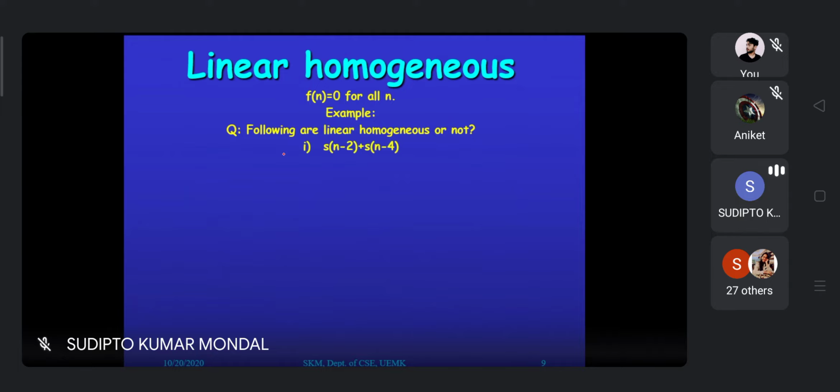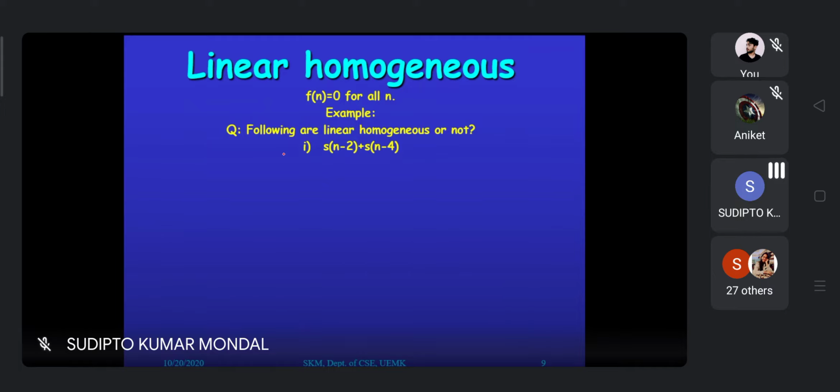So first one, S(n-2) plus S(n-4). Is it a recurrence relation, a linear homogeneous recurrence relation? From the expression we can see that the dependency is missing.